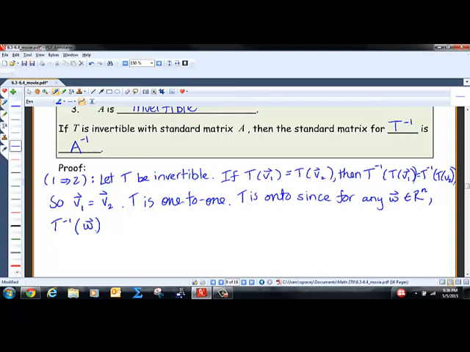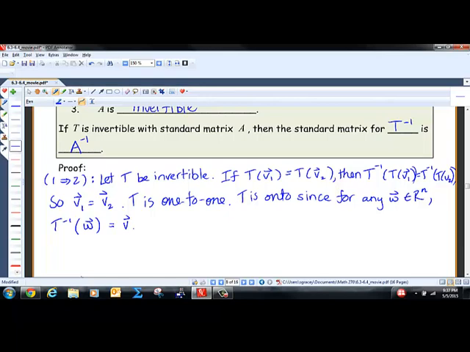What did we say about this? In order for it to be onto, every image has to have one pre-image. Isn't it true that we just showed that T was one-to-one by saying that if two linear transformations of different vectors equal each other, then the vectors have to equal each other.